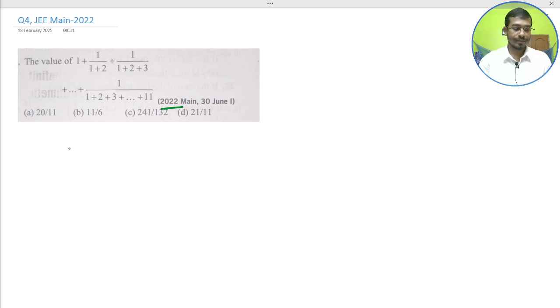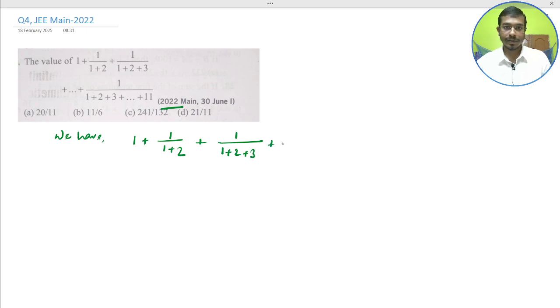So here we have 1 plus 1 by (1 plus 2) plus 1 by (1 plus 2 plus 3) plus dot dot dot plus 1 by (1 plus 2 plus 3 plus dot dot dot plus 11).